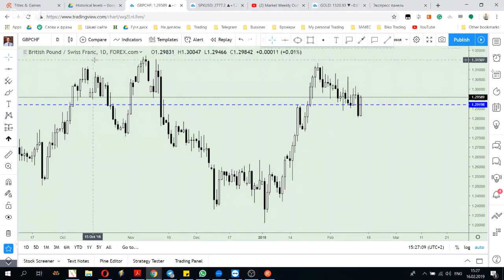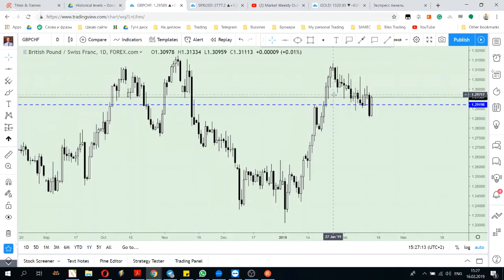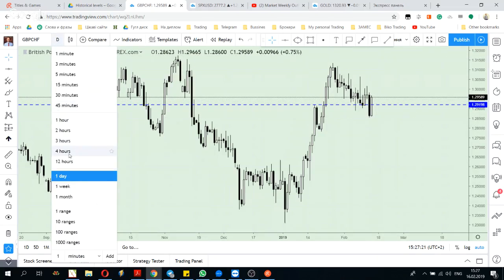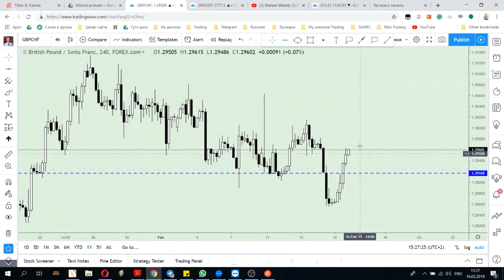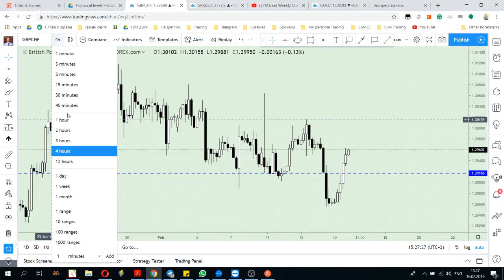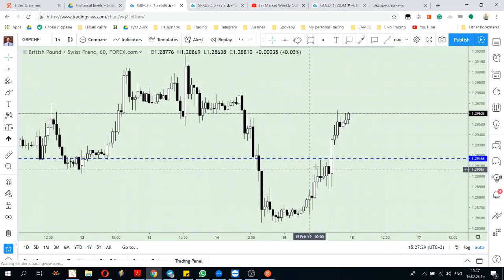About the Swiss franc, you need to understand that it has low volatility, and if the British pound makes an up move, it will do it together with the British pound. That's why I think about it the same as the British pound.